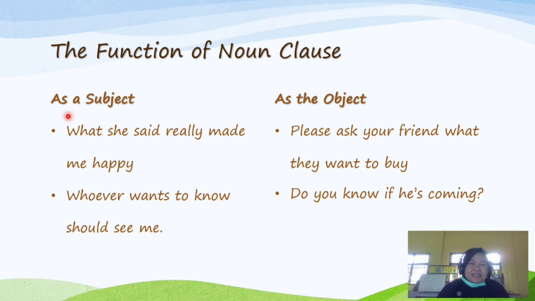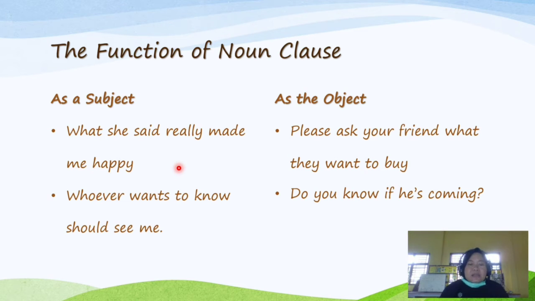These are some functions of noun clause, everyone. First is a subject. Let's see the first sentence. Do you see a connector or a conjunction in the sentence? Yeah, you're right. What is the conjunction?